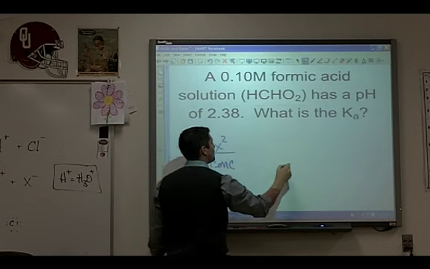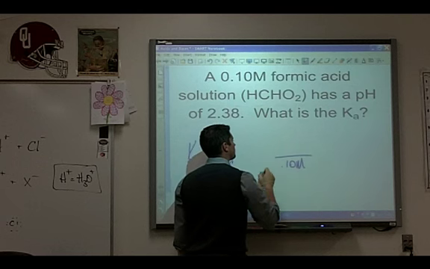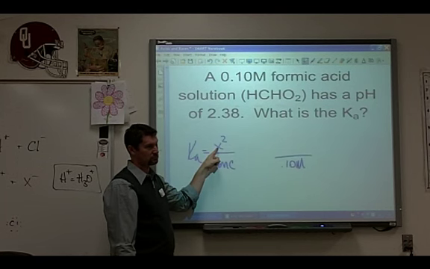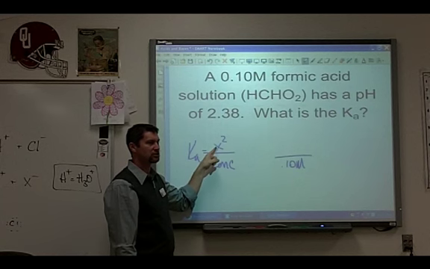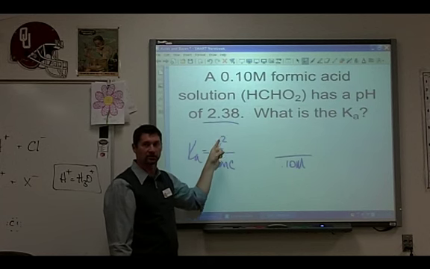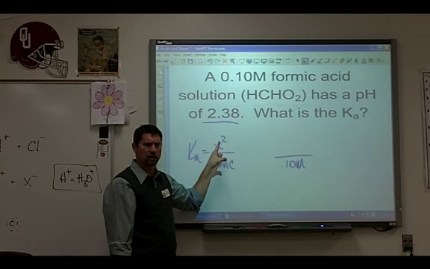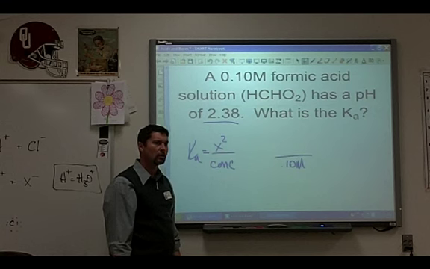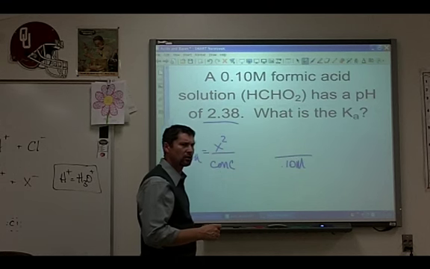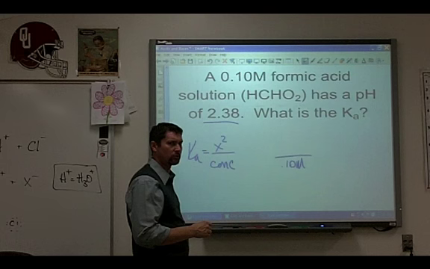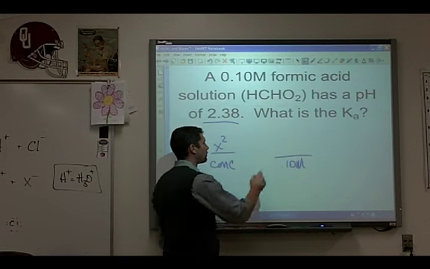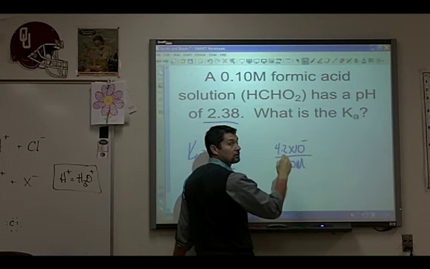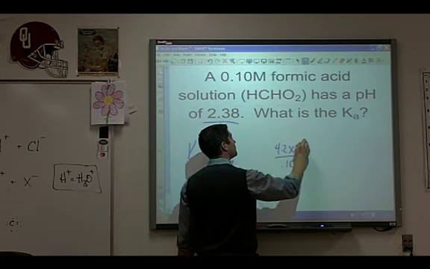It's 0.10 molar. Do I know x? Yeah, you can find it. Isn't x H? Yes. If I have pH, can't I get H? Is it second log negative number? Oh, yes. What do you get when you do that? 4.2 times 10 to the negative third. Okay.